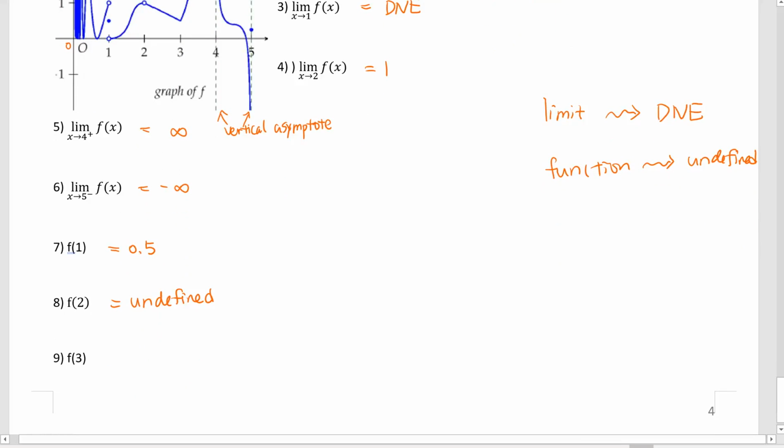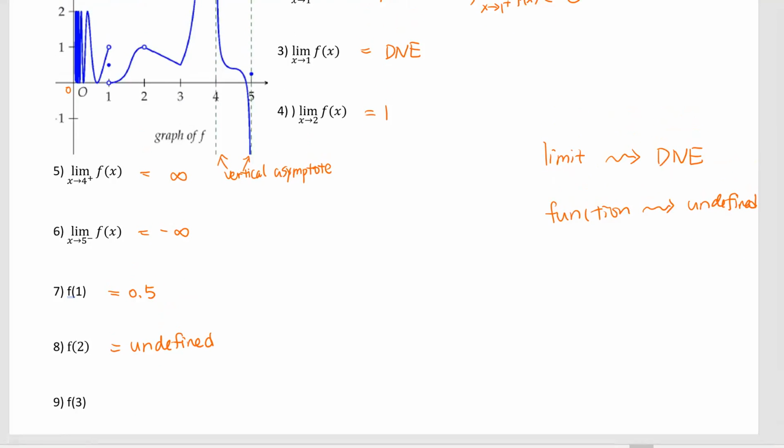So yeah, f of 3. Where's f of 3? Oh, you see, because we don't have an open circle, it means the point is right there. If there's no open circle, it means the point is not removed. So that is also 0.5. So far, so good. A student asked me, I don't see a solid dot right here.